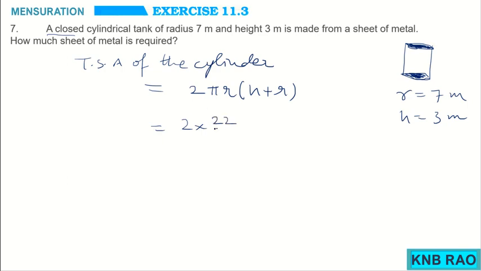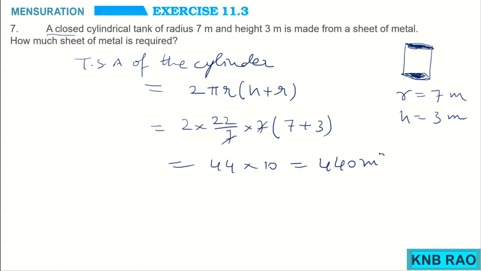So 2 into 22 by 7 into 7 into 7 plus 3, where 7 gets cancelled. 2 22s are 44 into 7 plus 3 is 10. Thus 440 meter square is the TSA of the cylinder.